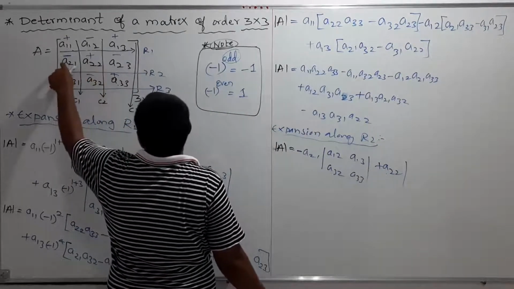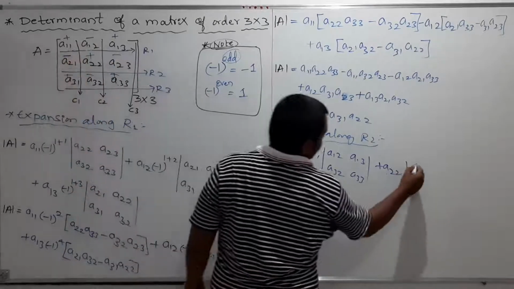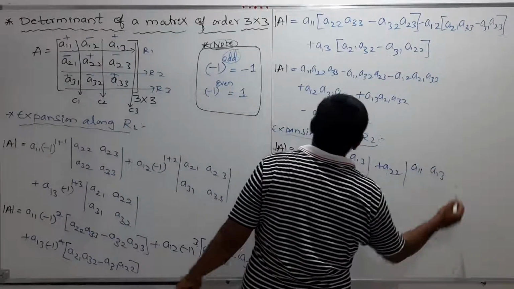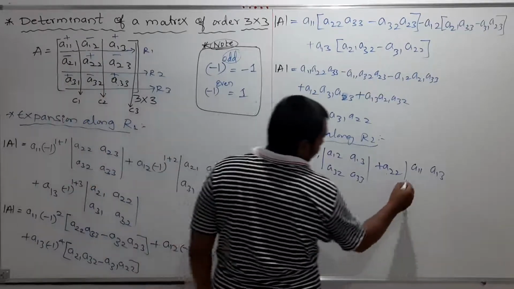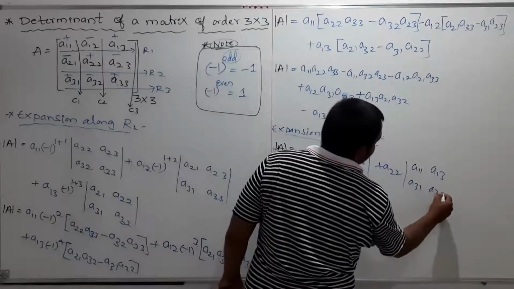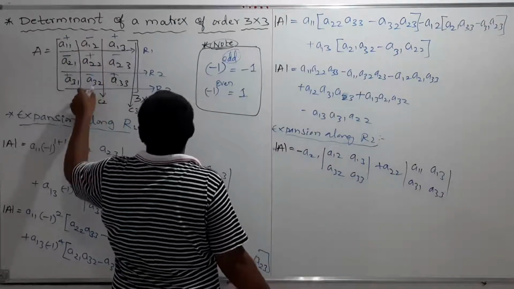You should leave this row and this column. And next here is the determinant of a11, a13, and next a31, a33. Clear? Because for a22, this row and this column you should leave.